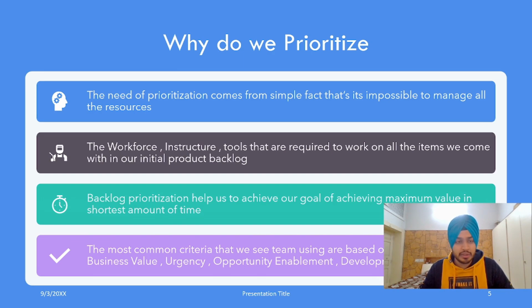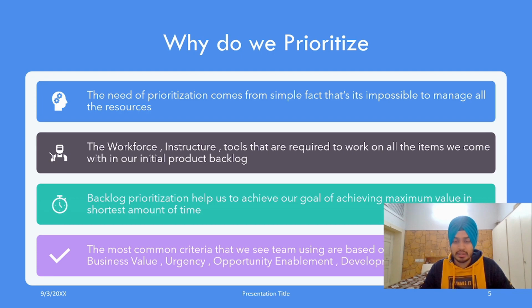So let's see why we need to prioritize. The first is that the need of prioritization comes from the simple fact that it's impossible to manage all the resources. Second is the workforce, infrastructure, and tools that are required to work on all the items we come with in our initial product backlog. Backlog prioritization helps us achieve our goal of maximum value in the shortest amount of time.